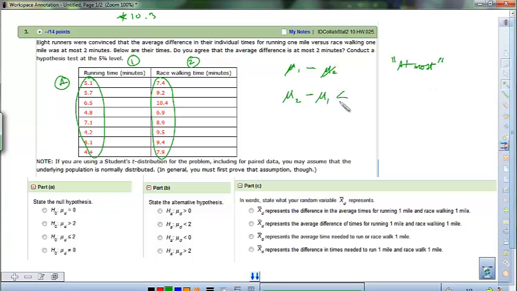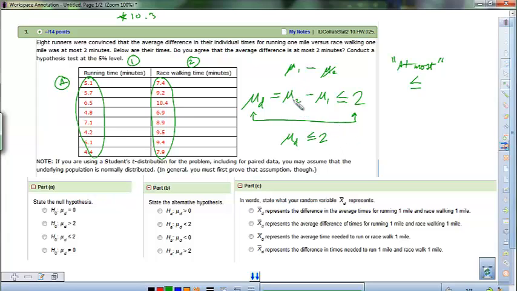So all the values that are equivalent here would be less than or equal to the number 2. So if we refer to this as your mu sub d, then we have that relationship between mu sub d and the number 2. So we have at most, remember at most is less than or equal to, mu sub d is at most equal to 2. The difference between these two things is at most 2.